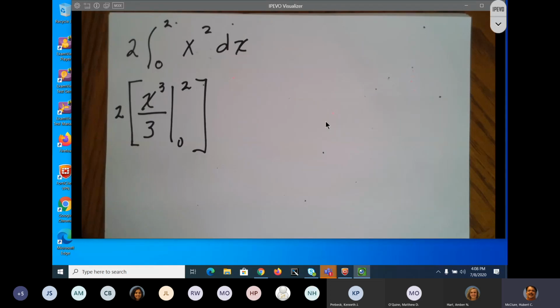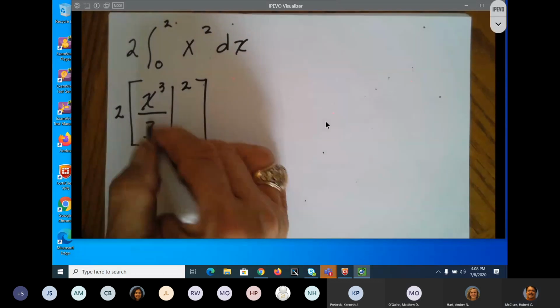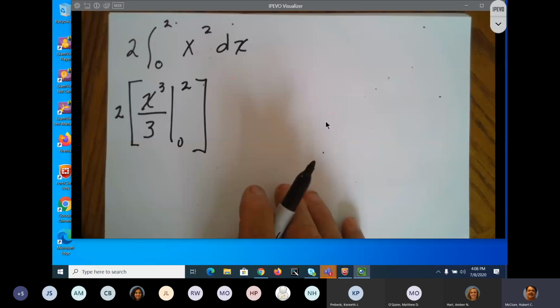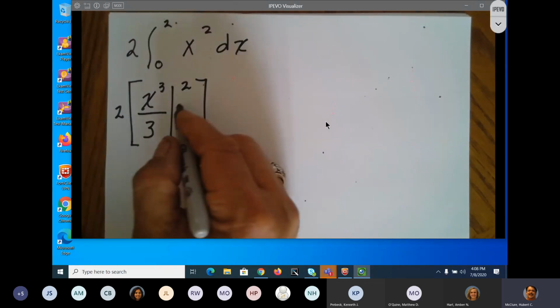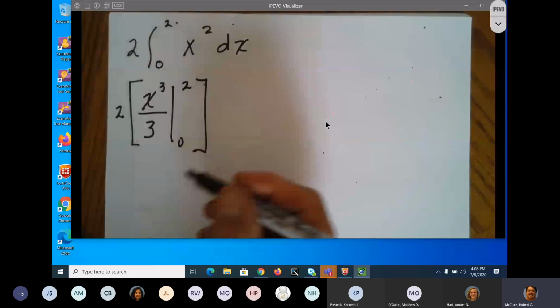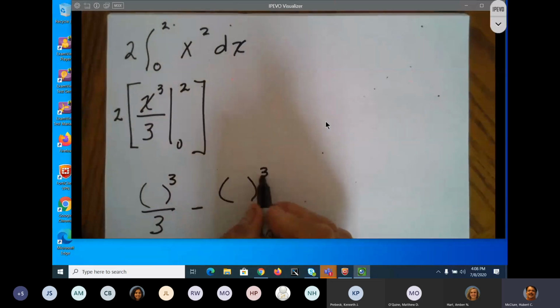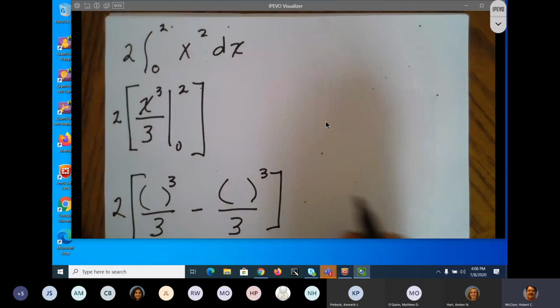So really concentrate on the inside of the brackets here. Don't worry about that 2 until you get finished. So I've got to evaluate, which means I've got to subtract. So I'm going to take parentheses cubed over 3 minus parentheses cubed over 3, and put a 2 here and a 0 here.